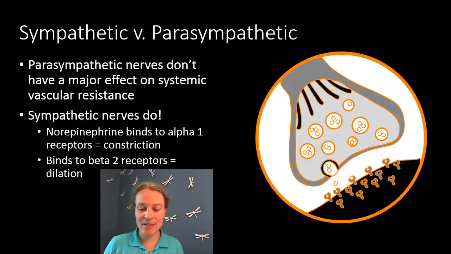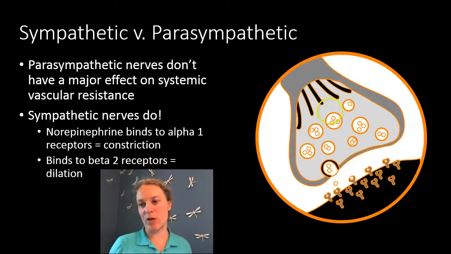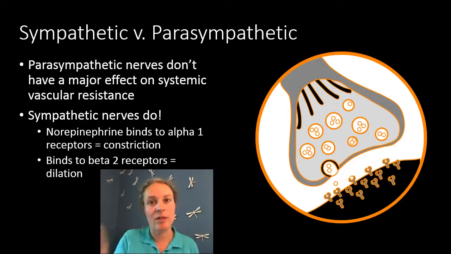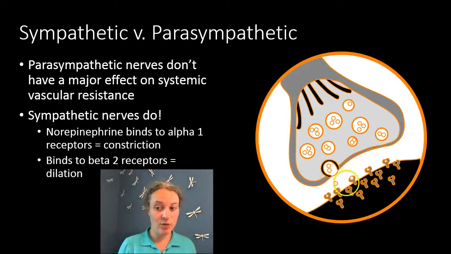And what happens is at this synapse, this junction here where the nerve connects with the muscles surrounding the blood vessels, norepinephrine is released. So you can pretend these little molecules here are norepinephrine, and it travels across the synapse and binds with receptors.